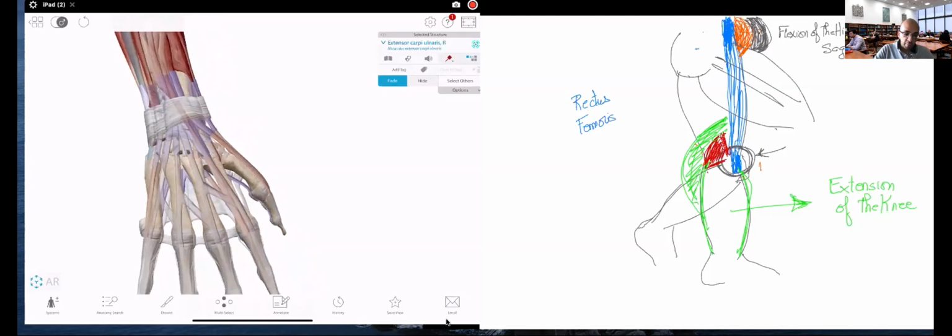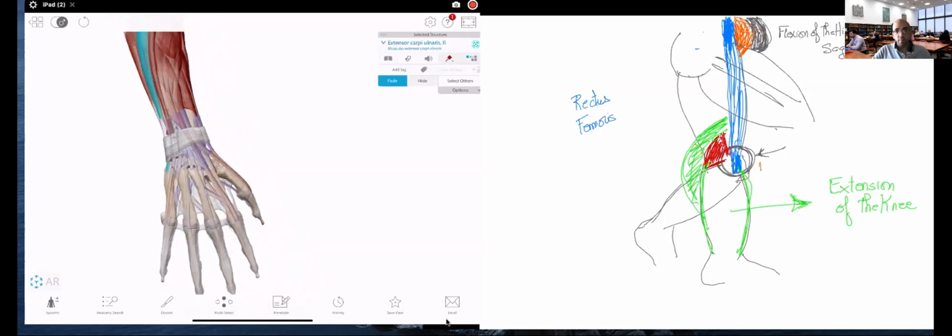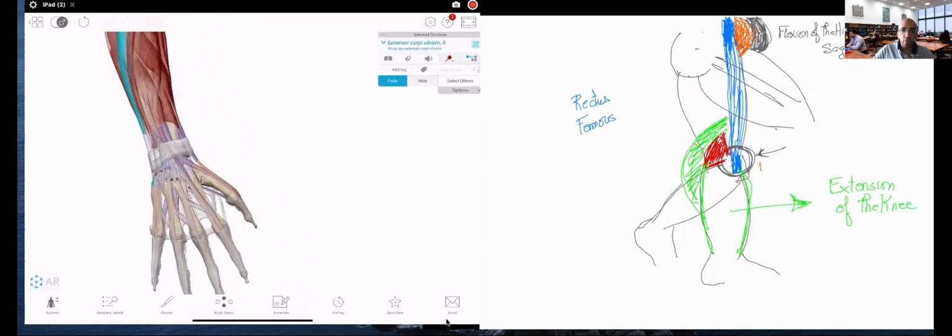Am I going to the lateral side or the medial side? How would I know? Look at the thumb. Are you going to the same side as the thumb or the opposite side to the thumb? You're going to the opposite side of the thumb. In anatomical position, the thumb is lateral.